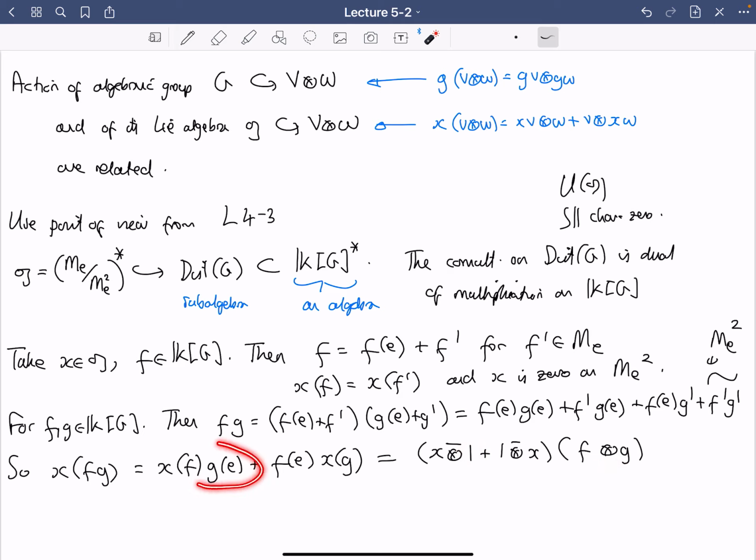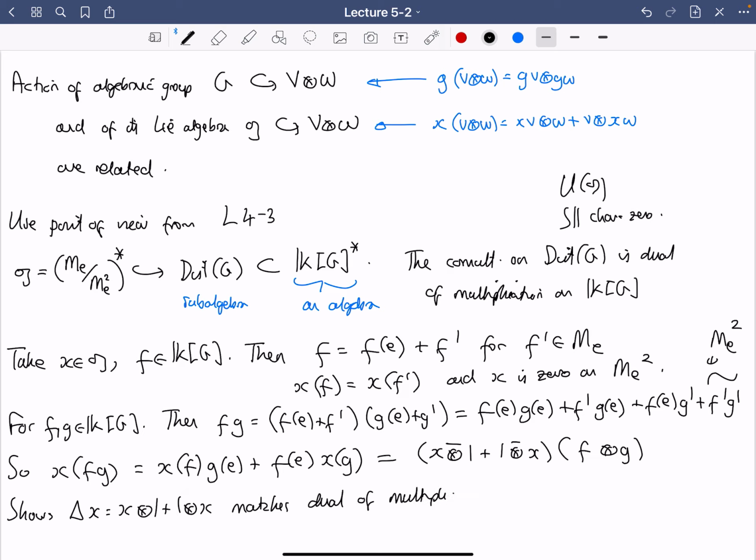And so that's that term, and similarly 1 tensor x gives you that term, and this exactly shows that the delta of x formula exactly matches the dual map of the multiplication on the coordinate algebra. So from this point of view, that's exactly what you need to check.